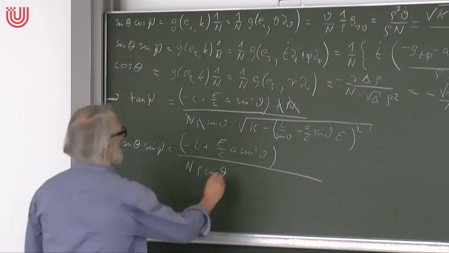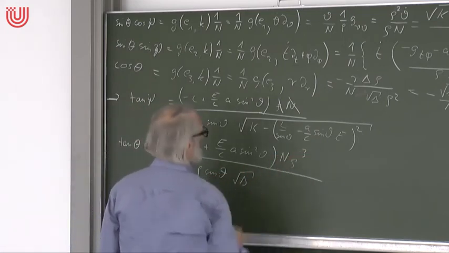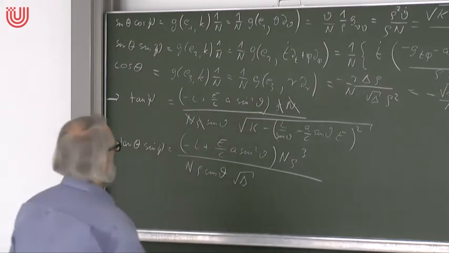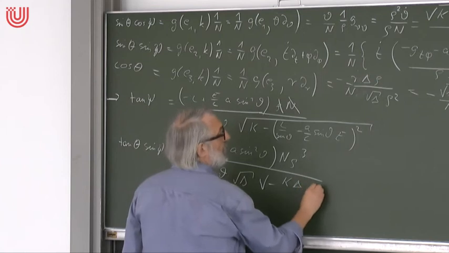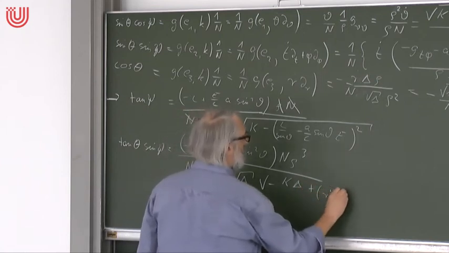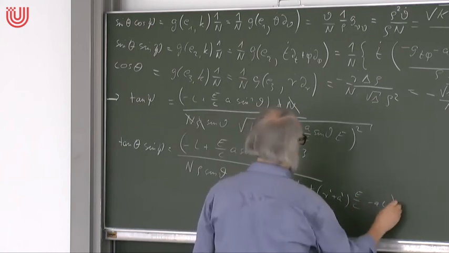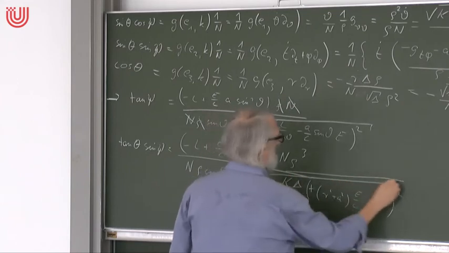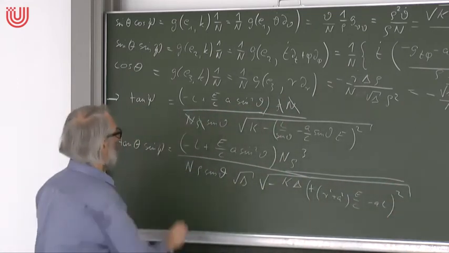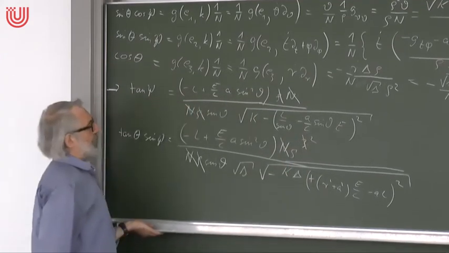So I want to divide by root delta n over rho cubed, and I have the square root in the denominator, minus k delta plus r squared plus a squared e over c minus al squared. Oops, and now we are done. And rho squared.